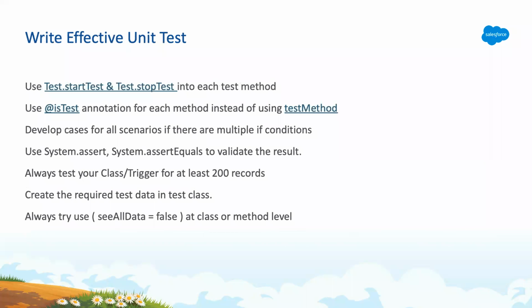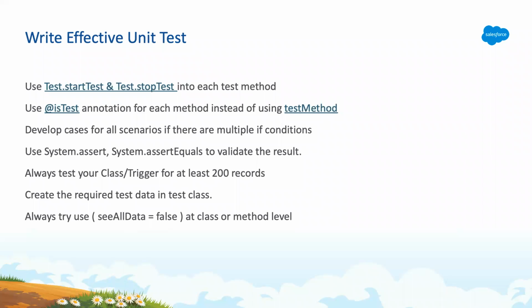When we write effective unit tests, we need to consider these factors. As you know, we have to take care of governor limits when we do our development. Even when we do unit testing, we need to think about governor limits, otherwise our test will easily hit the limits.